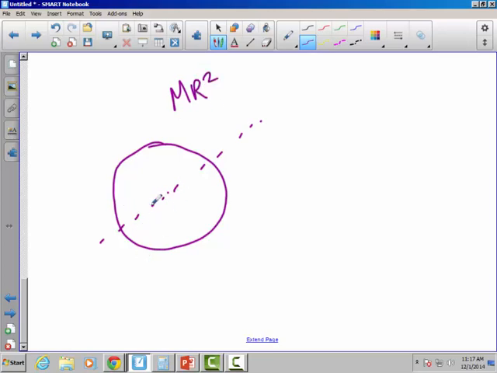But let's say I don't want to rotate it around its center. Let's say I want to rotate it at a point slightly off center from that axis. So I can use the parallel axis theorem, which says that the moment of inertia for the axis I know plus mh squared will give me the new moment of inertia for my new location.